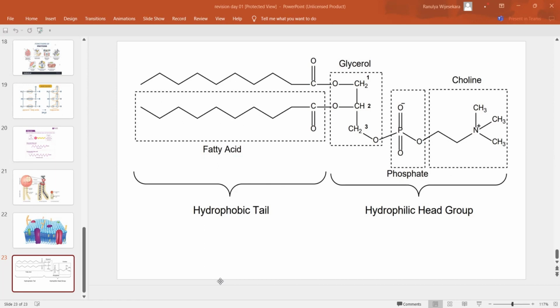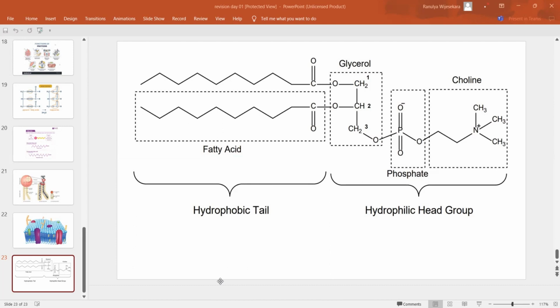Next point, typically an additional polar molecule or small charged molecule is also linked to the phosphate group. Example, choline. Next one. The phosphate group gives the negative electric charge to the phospholipid molecule.